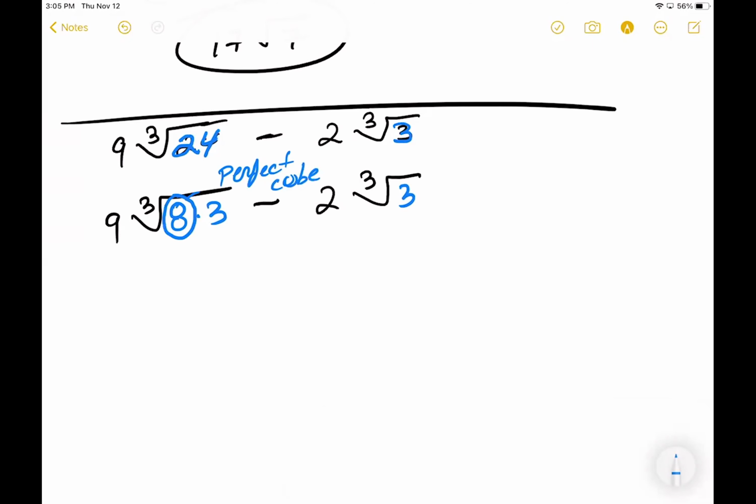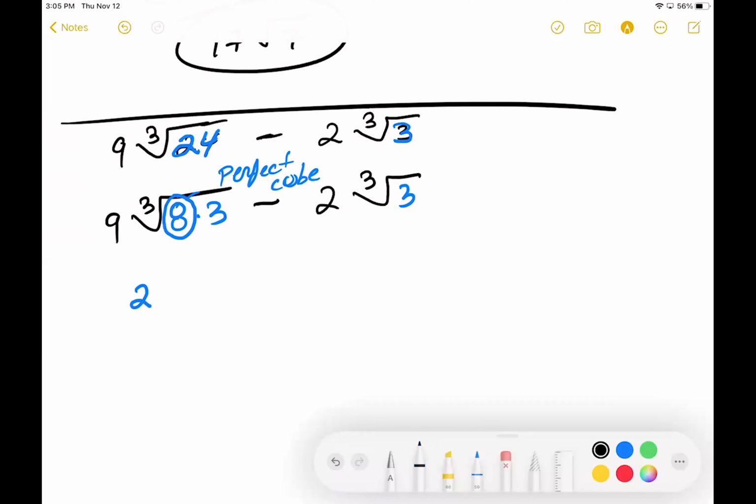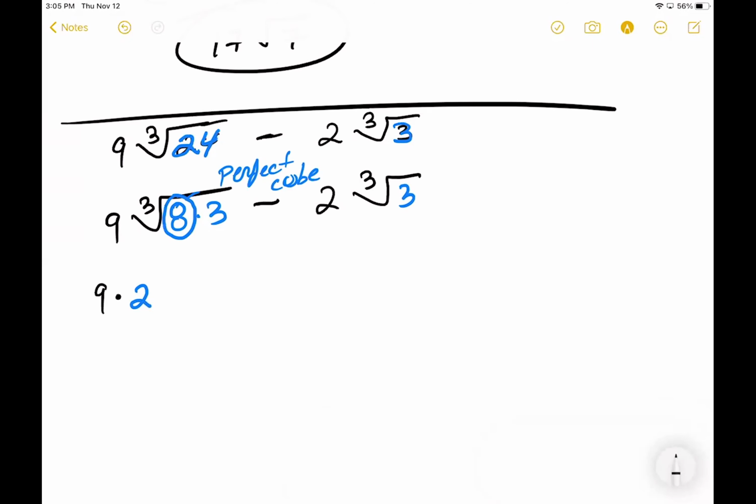Because 8 is 2 times 2 times 2, meaning I can bring out a 2. And what do I have? Well, whatever you bring outside, you need to multiply. There's nothing to bring outside here. So again, because 8 is a perfect cube, I can bring out 2 of them. And this is what I have.